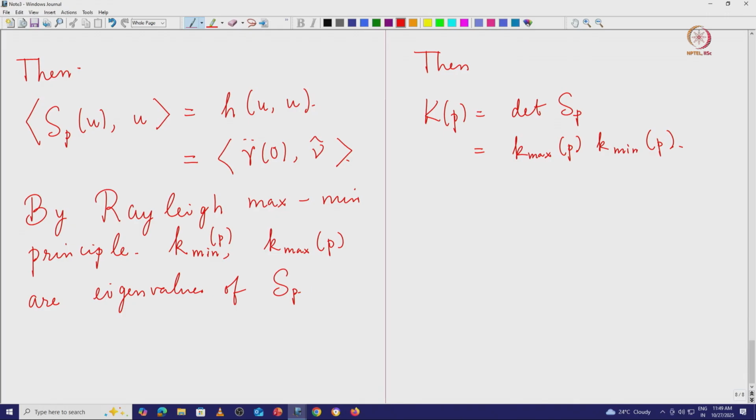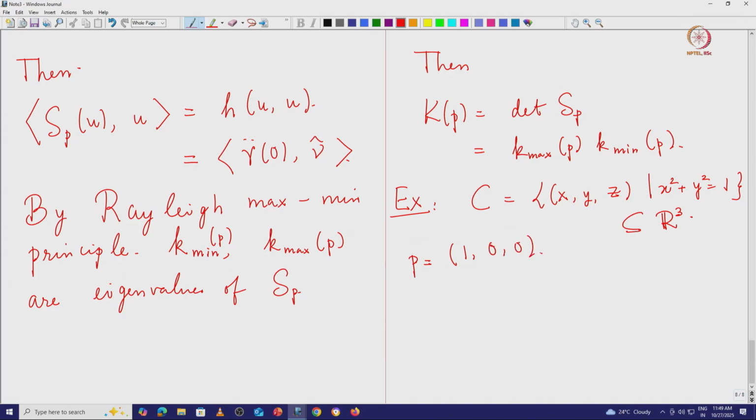So let me maybe end with an example. Let us now look at the cylinder sitting inside R3. So in this case let us say I am looking at the point with coordinates 1 0 0, right.